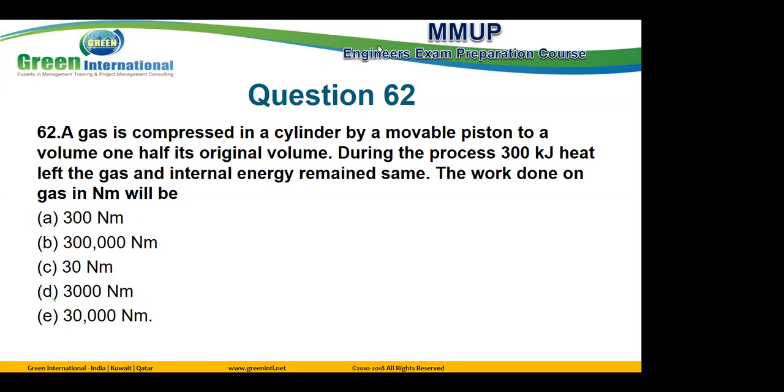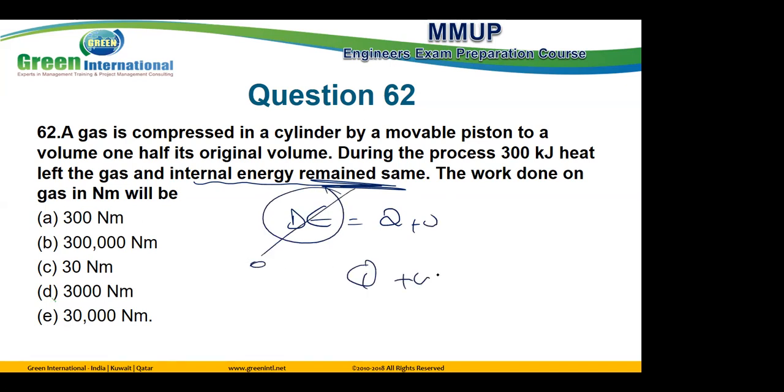Anyone get the answer? 300,000. B? Yes, B. The internal energy remains the same, so delta U equals Q plus W. Since this remains the same, it means 0.